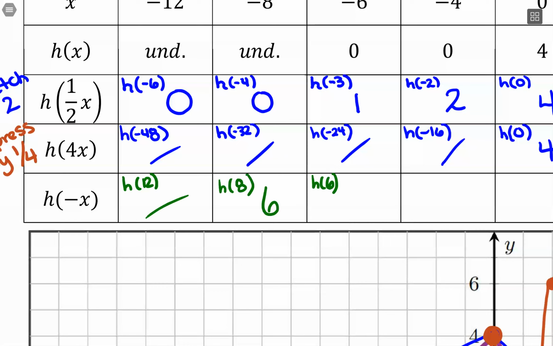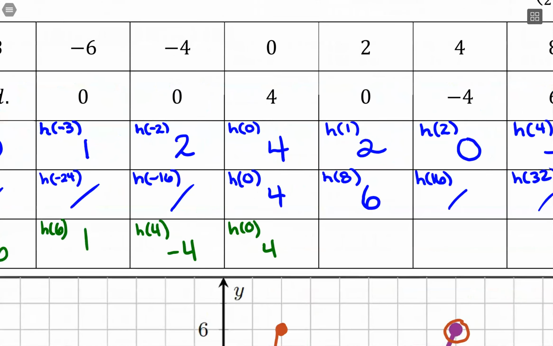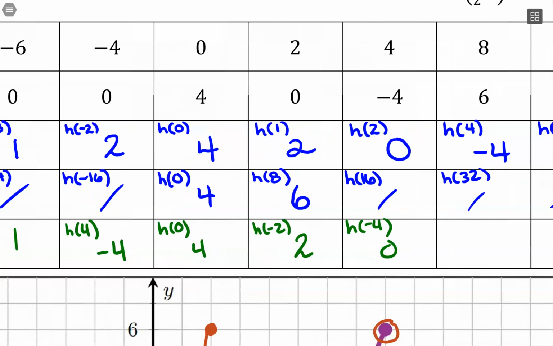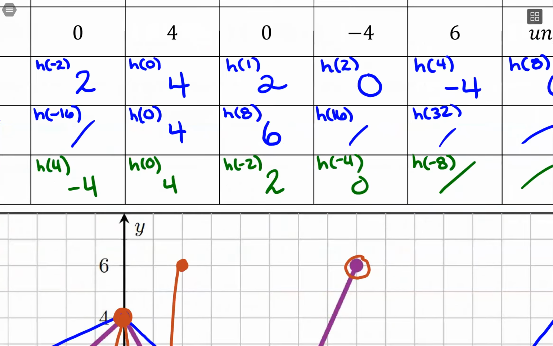H of 6 isn't defined, but actually it's 1, from the graph. H of positive 4, which is negative 4. H of 0 just stays the same. And then h of negative 2, which wasn't defined, but we have it on the graph as positive 2. H of negative 4, which was 0. H of negative 8, which was undefined. And then we'll have undefined.